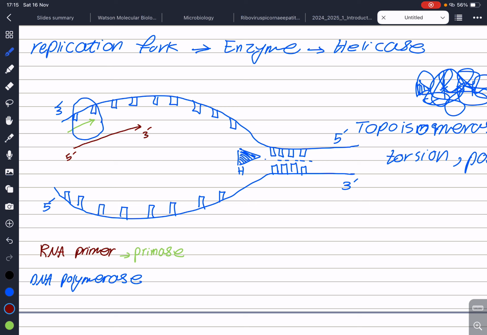So it can only synthesize the DNA from 5' to 3' direction. Therefore, here we will have a continuous way of DNA synthesis for this strand from 5' to 3', that we call the leading strand.